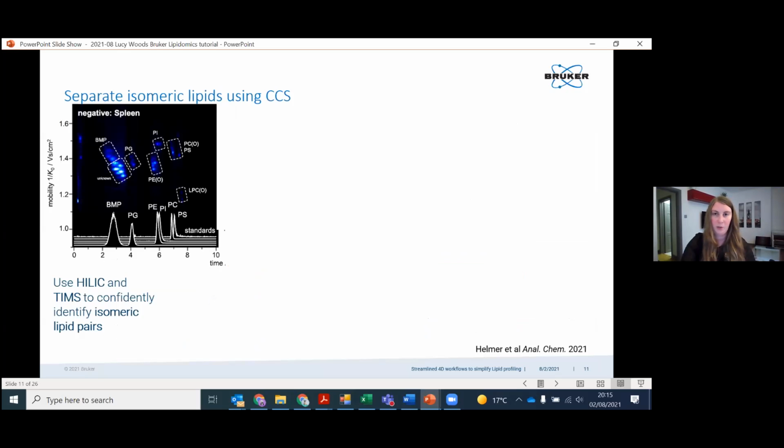So I mentioned that this workflow could be used for imaging as well as for LCMS, and this is a nice example. So in this example, this was where some lipids were extracted from spleen and then ran using HILIC chromatography. And in this case, there's a near coelution of the PG and BMP lipid classes.